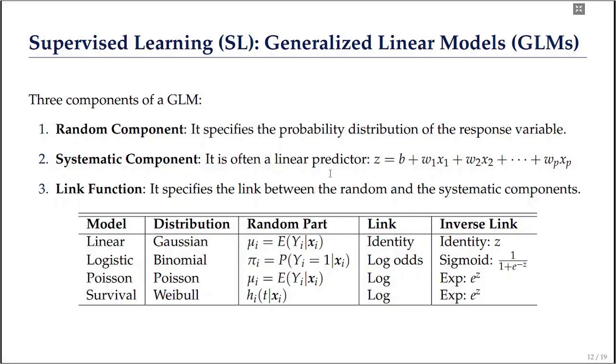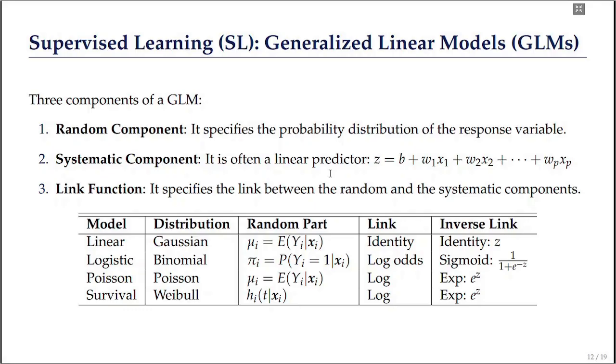This systematic component is often expressed as a linear function of the covariates, usually called the linear predictor, which may be expressed as z equals b plus w1 x1 plus w2 x2 plus ... wp xp. So this linear combination is the linear predictor or the systematic component of any generalized linear model.